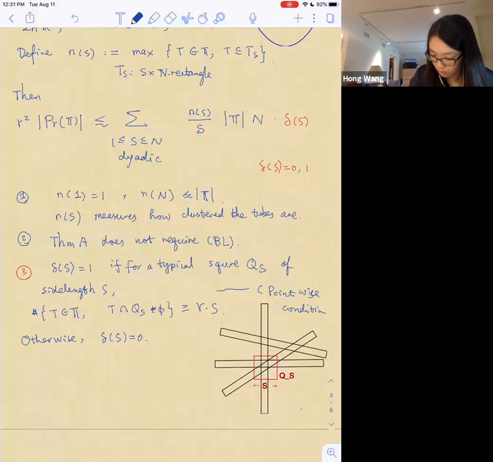Sorry, here, for a typical square QS of side length S, QS contains a point, a unit ball Q in PRT.